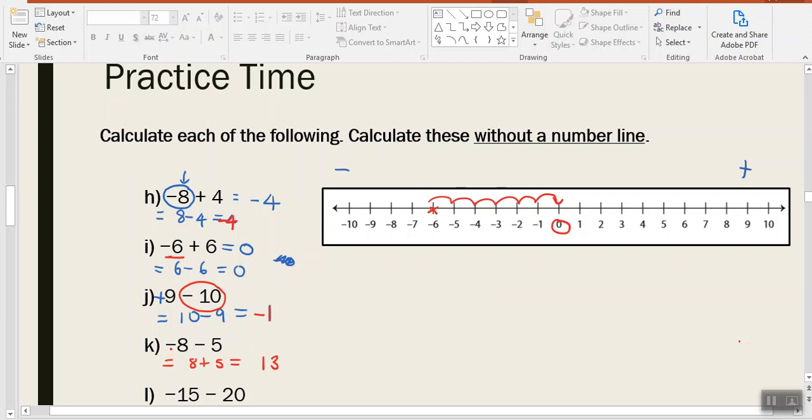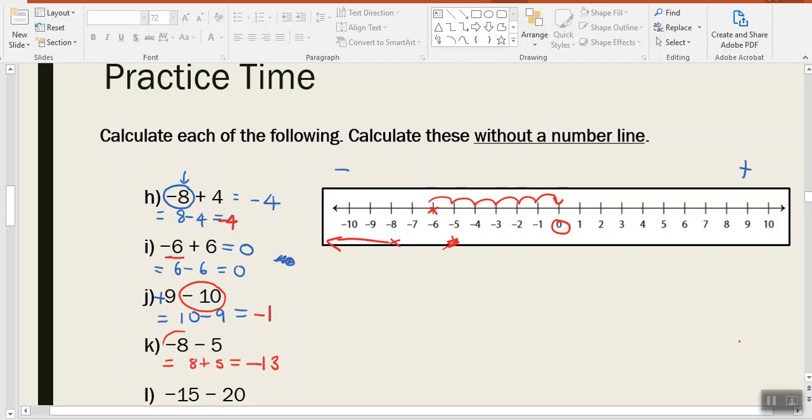But because there's two takeaway signs and two negative signs, it'll be a negative 13. Okay? And we can see why. If I start at negative 8, my first digit was negative 8, I'm going to keep heading in the negative direction. So I'm saying 8 plus 5, but I'm in the negative side.